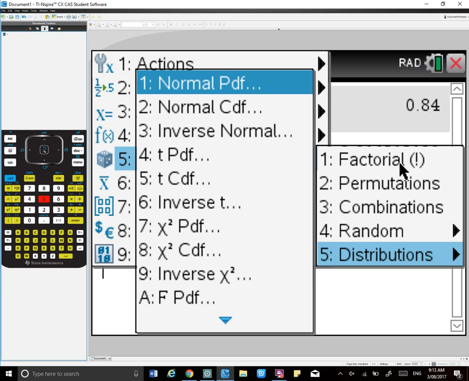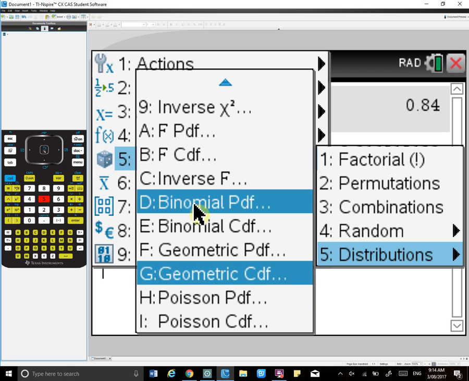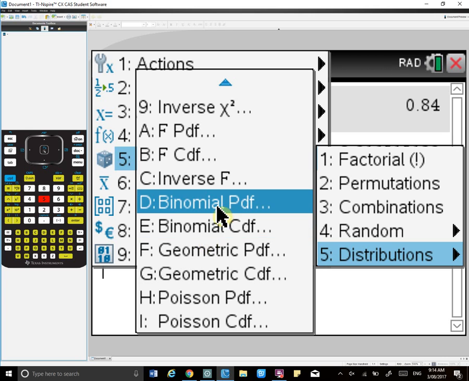We only use number 1 to 3 when we learn normal, and when we learn binomial, we use D or E. Can you see binomial distribution is those 2?